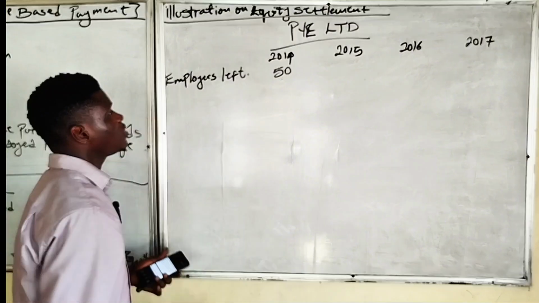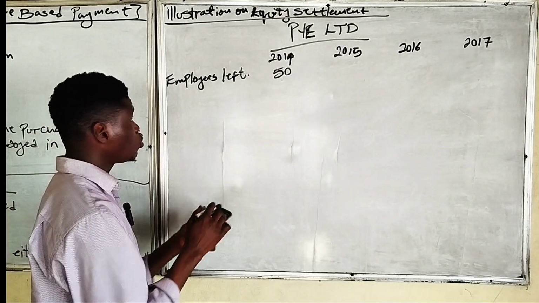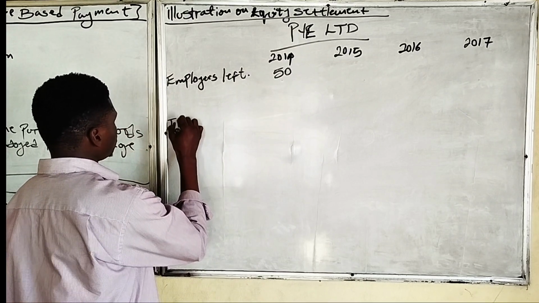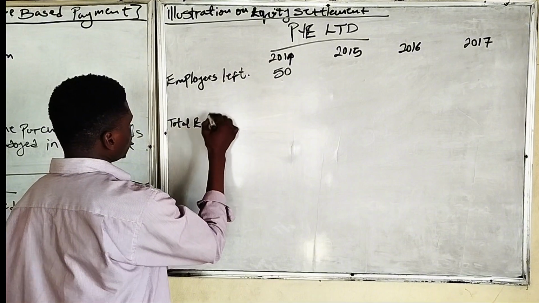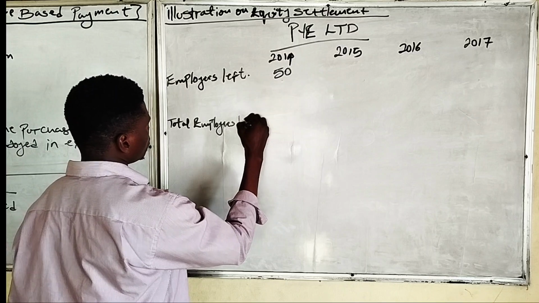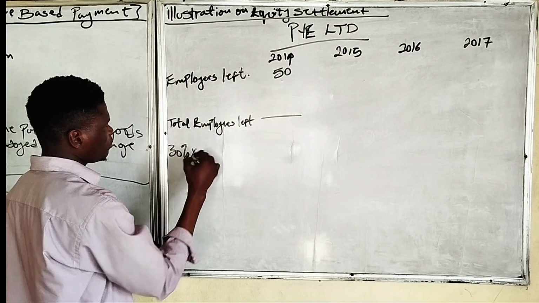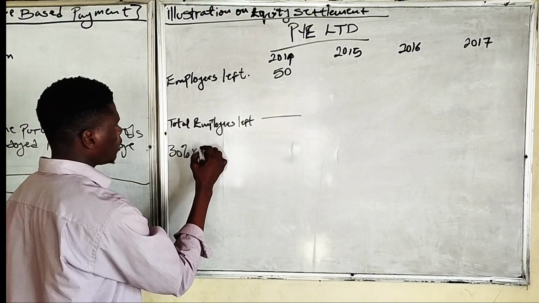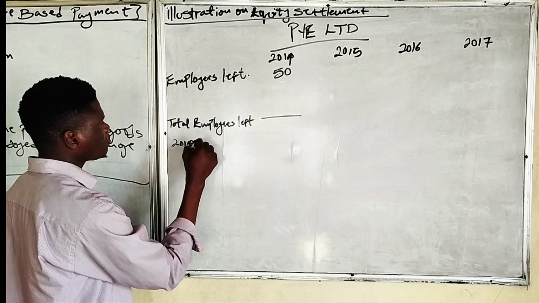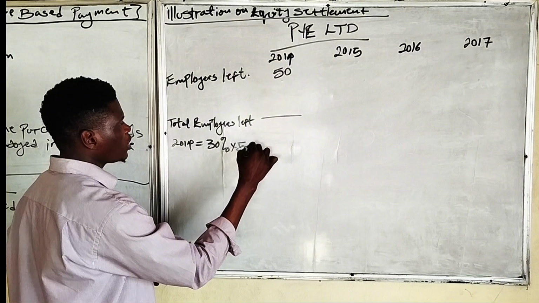So in 2014, there is an estimate that 30% of the whole employees will leave. So the total employees that will leave in 2014 will be 30% multiplied by the total employees, so 30% multiplied by 500 employees.